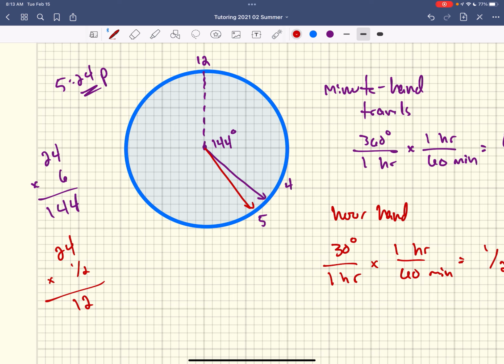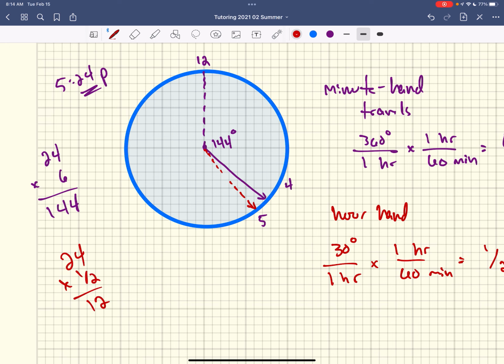And so it started at 150. I should have put that in as a dotted line. Okay, so it started here at 150 degrees, but then, like we said, 24 times 1/2 equals 12.